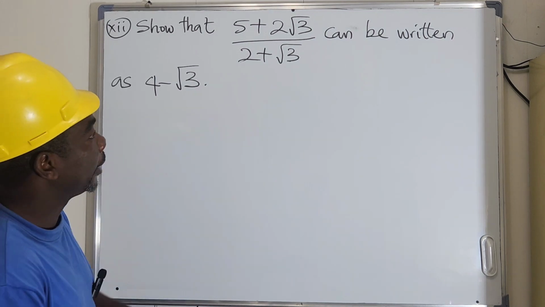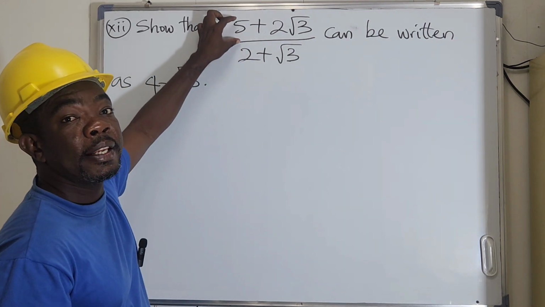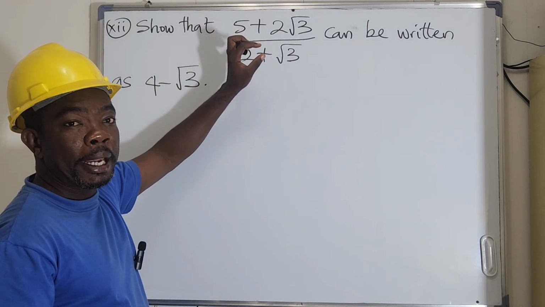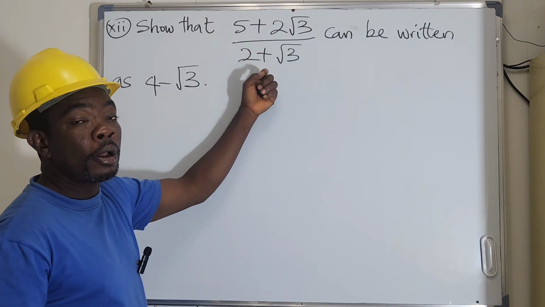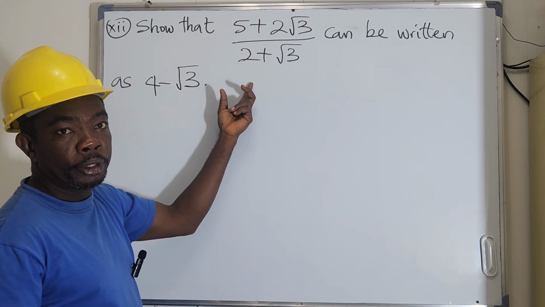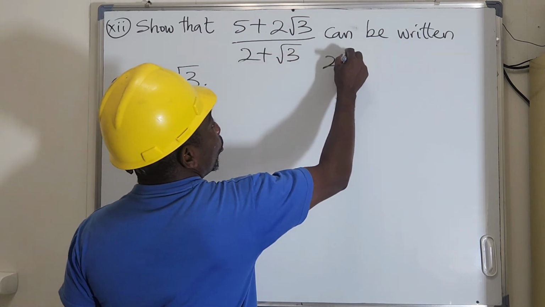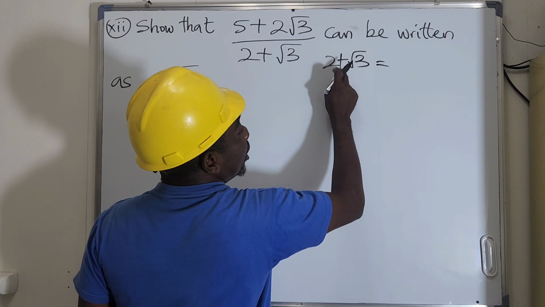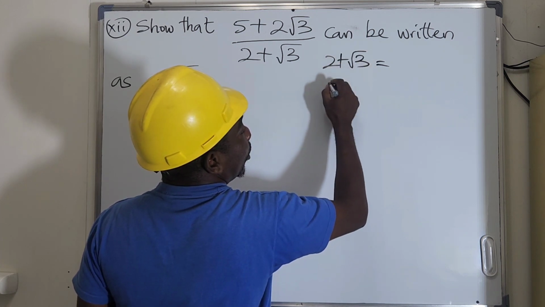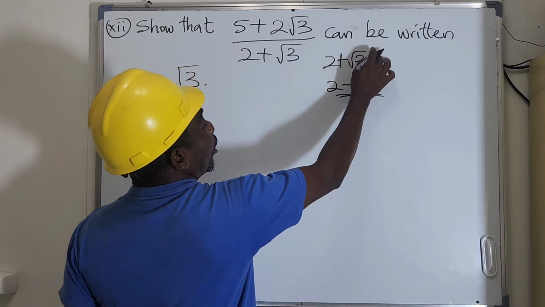So now, anytime we have this, if we say simplify this sort, all that will come to our mind is to multiply the numerator and the denominator by the conjugate of the denominator. The conjugate of the denominator, as we said, which is 2 plus root 3, is where we change the sign between the two numbers, which is 2 minus root 3. So this is the conjugate of this.